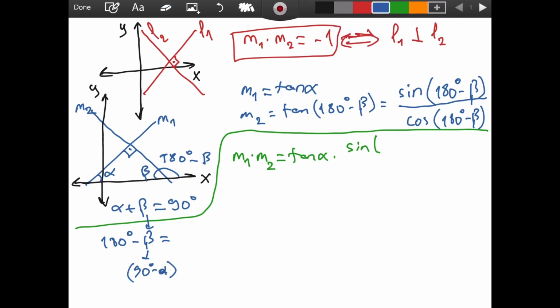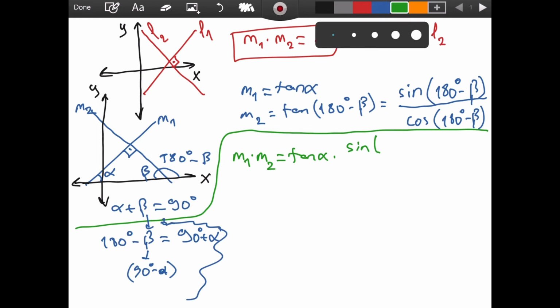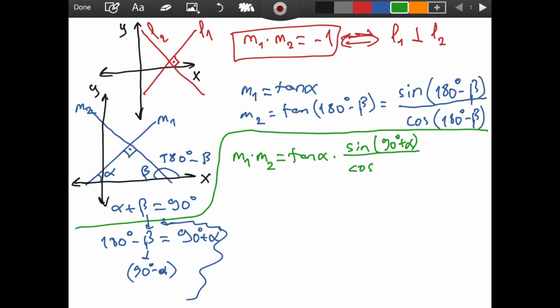So if we distribute the negative sign, we get 90 degrees plus alpha. Great, so that is what we will use. And as I said, this is a separate calculation as well. So now for the argument of sine, I am writing 90 degrees plus alpha. And for cosine, I am writing 90 degrees plus alpha.